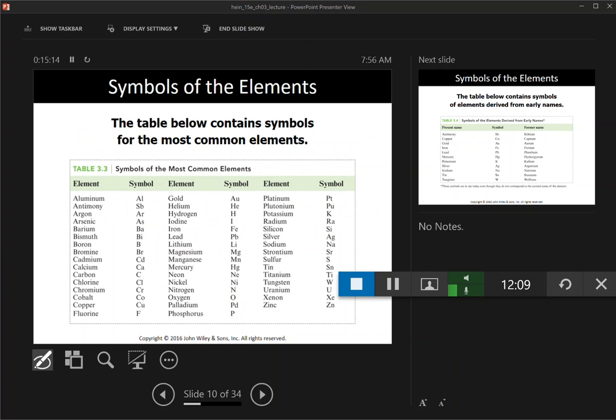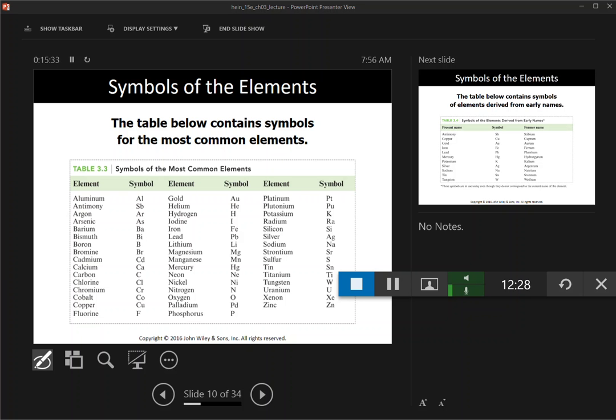So in this table, I also show you some of the symbols for the elements and also their names. Again, start memorizing them. Memorizing the elements and their symbols takes a little bit of time. It can't be done all at once.